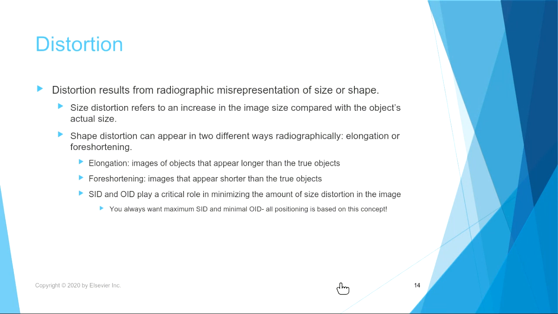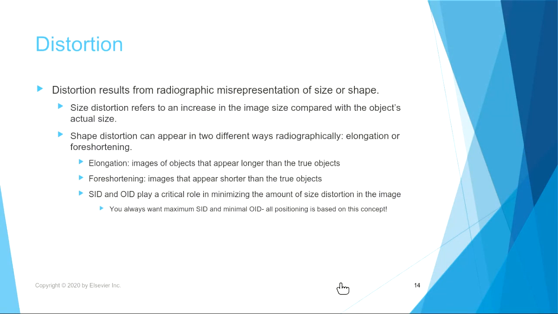All right, and there's actually two distances that play an important role in minimizing distortion, specifically size distortion, and that is your SID, which is your source to image receptor distance, and your OID, your object to image receptor distance. Both of those distances play a huge role in minimizing size distortion.